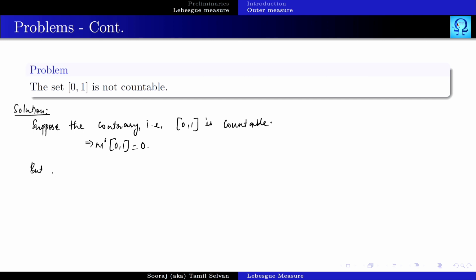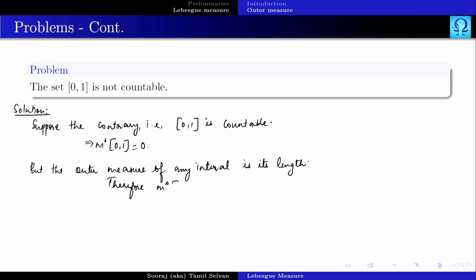But the outer measure of any interval is its length. Therefore, the outer measure of [0, 1] is the length of [0, 1], that is 1 minus 0, which happens to be 1, and that is not equal to 0.